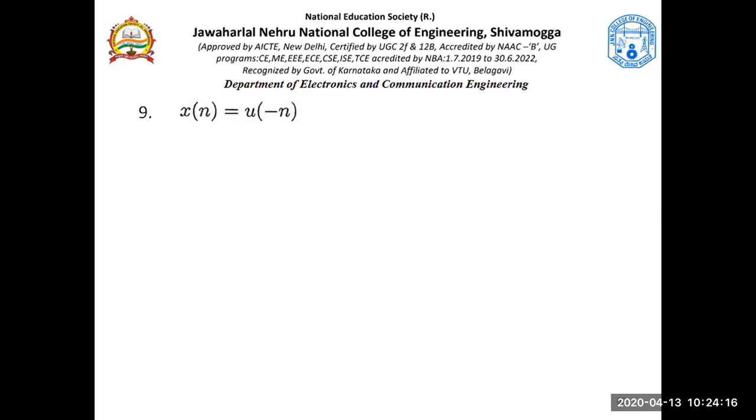Which property needs to be made use of here? The time reversal property, the reflection. If the z transform of x of n is x of z, what is the z transform of x of minus n? This is the question you need to be answering yourselves. I know the z transform of x of n is x of z.